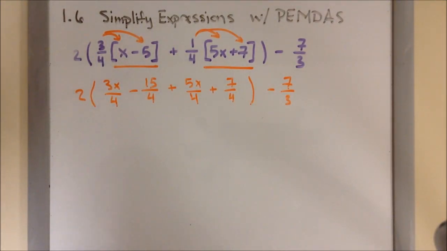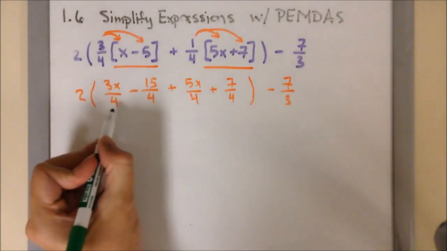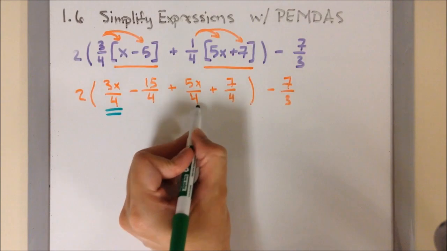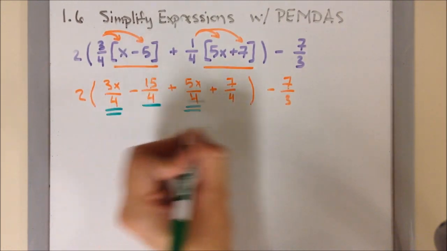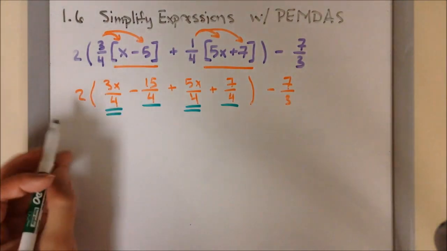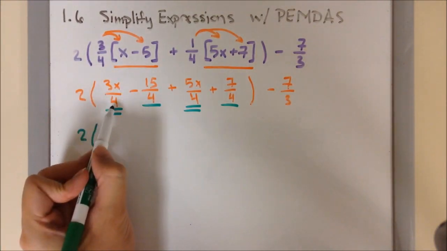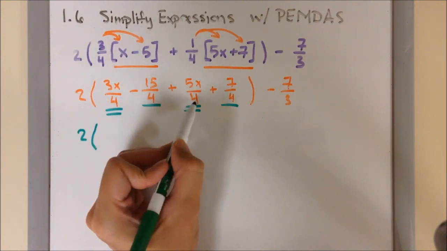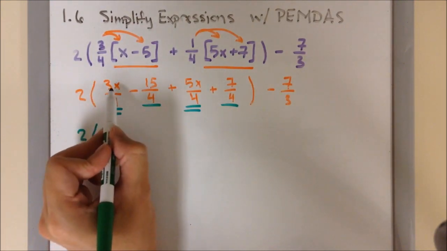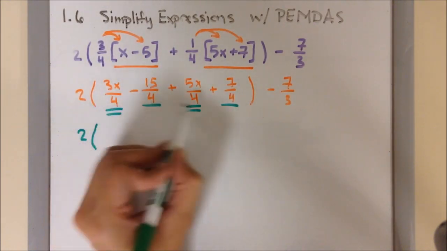From there, I'm going to combine like terms. So let me underline my variables twice and my numbers once. I'm going to combine the variables first. So let me bring the 2 down, open parenthesis, 3x/4 plus 5x/4. So I'm just simply going to combine the top. The reason I can combine them right away is because they have the same denominator.